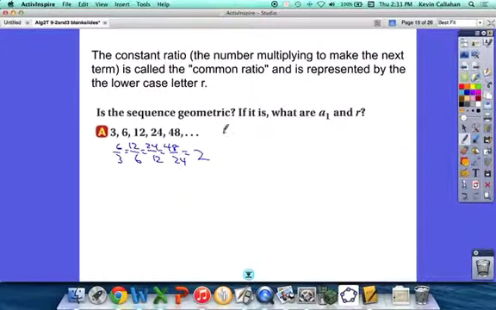So yes, this is geometric. r equals 2. You could tell, since r is a number bigger than 1, the terms are getting bigger. If you wanted the terms to get smaller, then you'd multiply by a number less than 1, like 1/2. And that can happen.